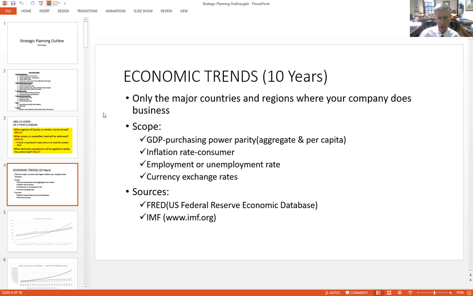And there are two great sources to get this information. I've mentioned them already. The US Federal Reserve Economic Database. You can just use Google. You don't even need the website, but just on your Google search window, type in all capitals FRED, and you will get a home page when you click on it.